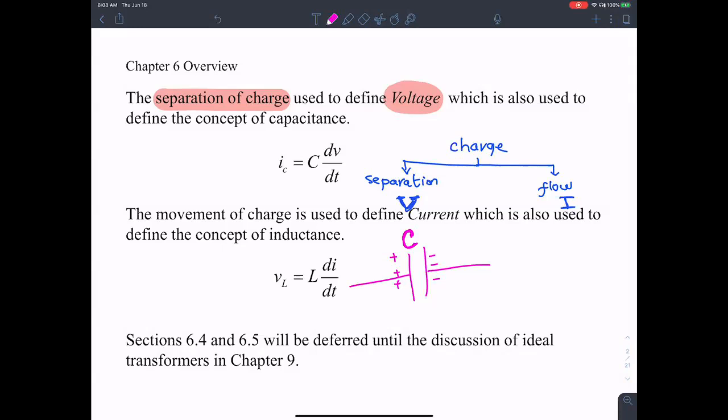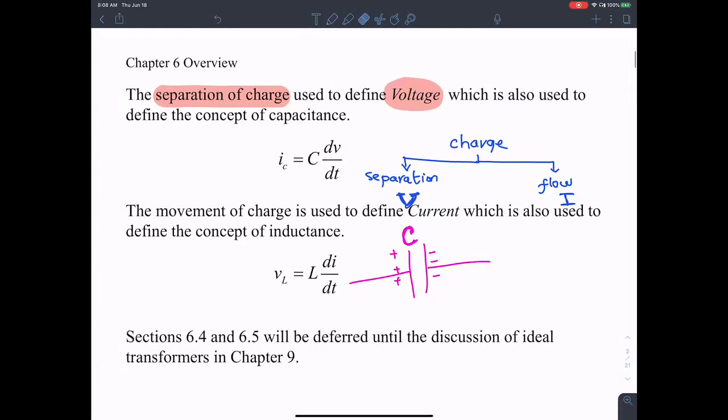It causes separation of charges through an insulator, causes a capacitance, and then the flow of current, the movement of charge that's used to define the current. That's also used to define the idea of inductance.